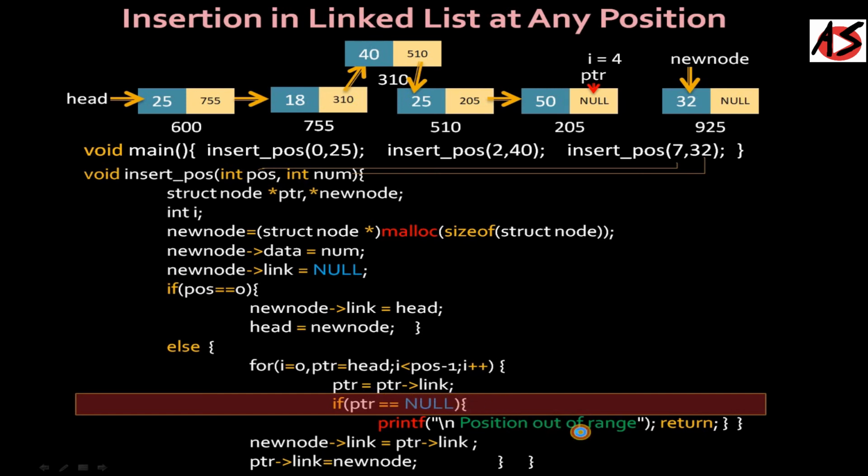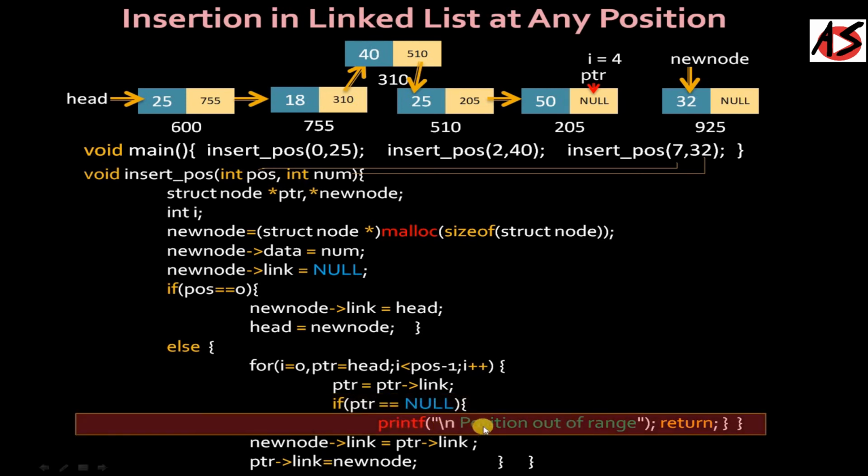So we are going inside the condition block and we'll print the message position out of range. That means we want to insert at the 7th position and our list contains only 5 nodes. So it is not possible to insert the node at the 7th position. So we are getting the message position out of range.